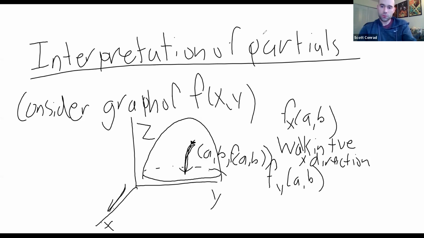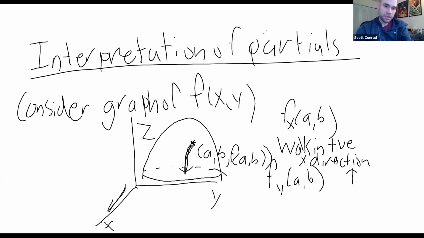Okay, so if you're walking in the positive x direction, at this point, the partial with respect to x is just going to be the slope, essentially. What's a better way to put that? Yeah, it's essentially just going to be the slope of the surface as you walk in this direction at the point.